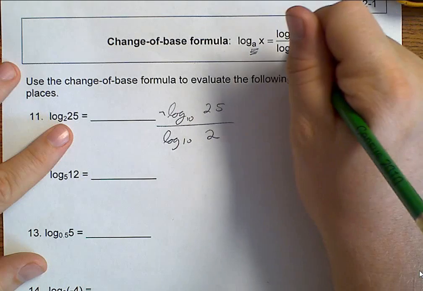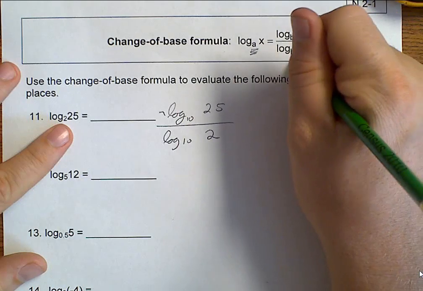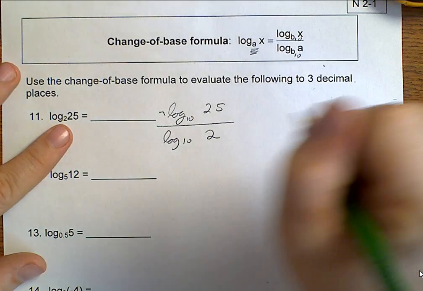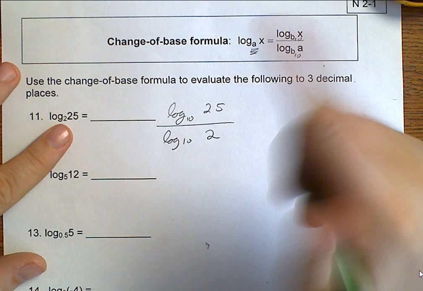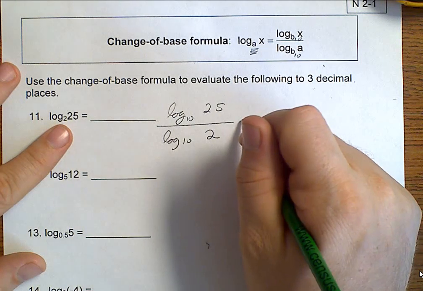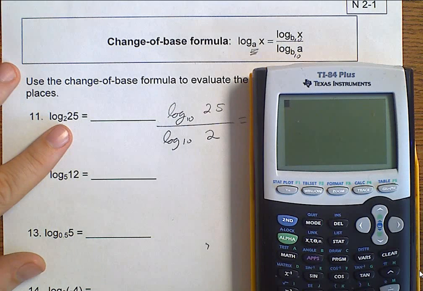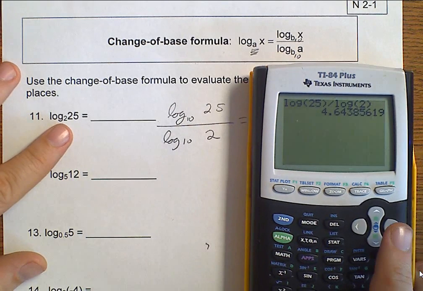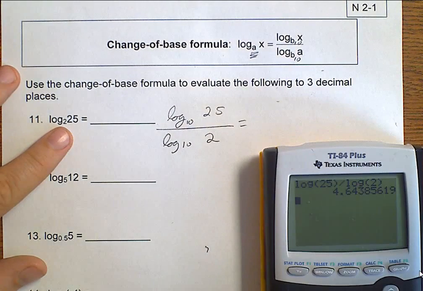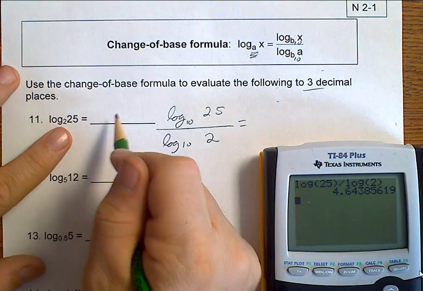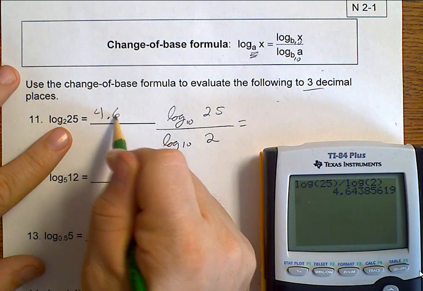It's b that we want to turn into 10. So in order to get this, we can just put that in the calculator. So the log of 25 over the log of 2. And we get 4.644 because we want 3 decimal places.